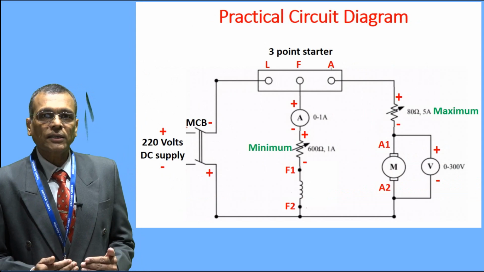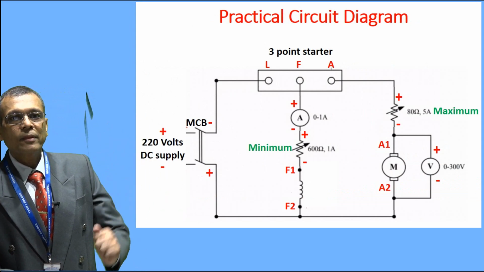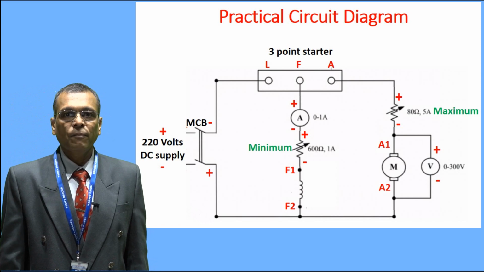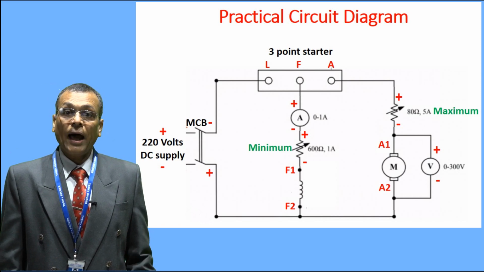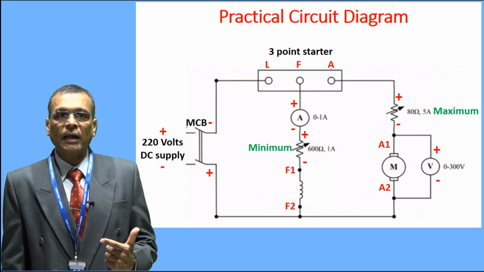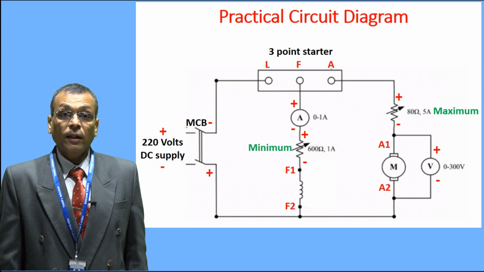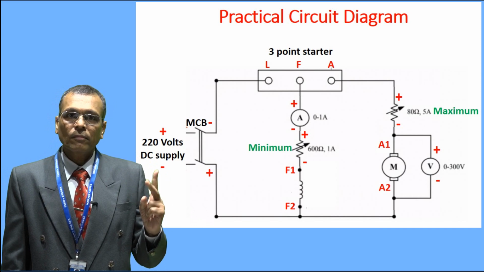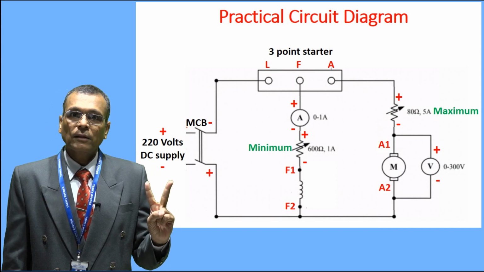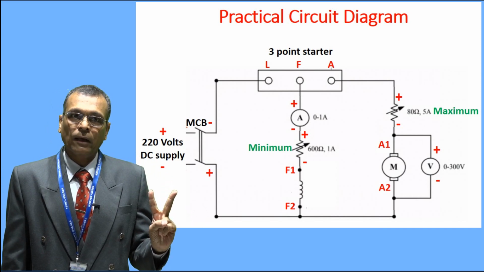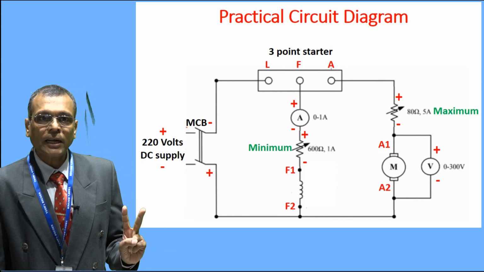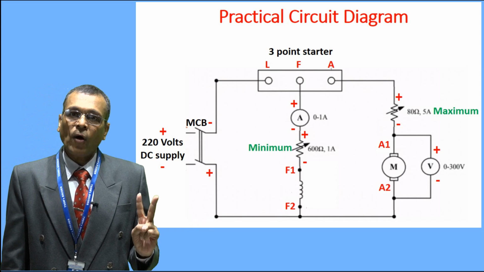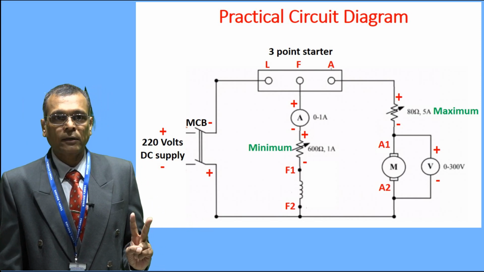Now let's discuss the practical circuit diagram that can be used to perform speed control of DC shunt motor using both the armature voltage and field current control methods. The circuit consists of a DC supply, an MCB, that is miniature circuit breaker, that disconnects the circuit from DC supply in case of any fault condition or short circuit.